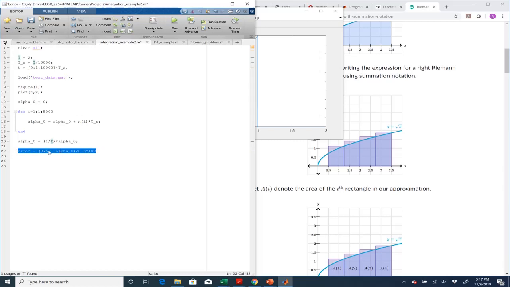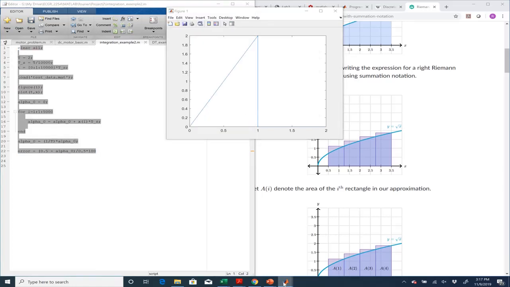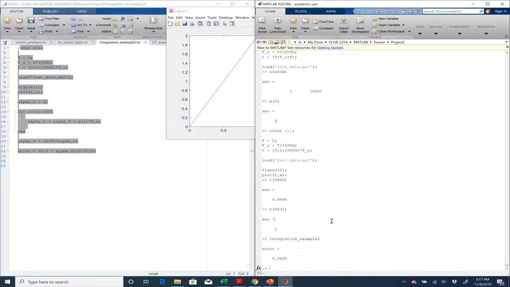I know that the actual value of the area is 0.5. So I take whatever my alpha 0 is, figure out the difference between that and 0.5, and calculate a percent error. Let's run this whole thing, and go over to the command window to see what we got. What I had as output was the percent error, so let's have it tell us alpha 0.